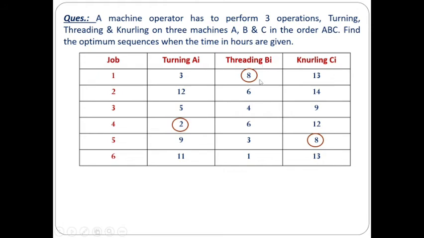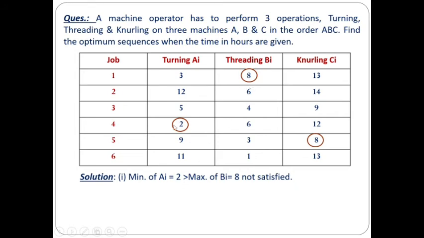Then after finding these 3 data, we have to check whether at least one of the conditions is satisfied or not. The first condition is that the minimum of A should be greater than or equal to the maximum of B.